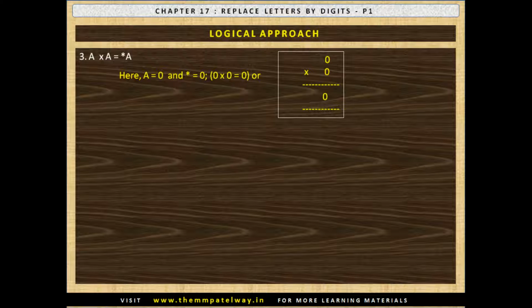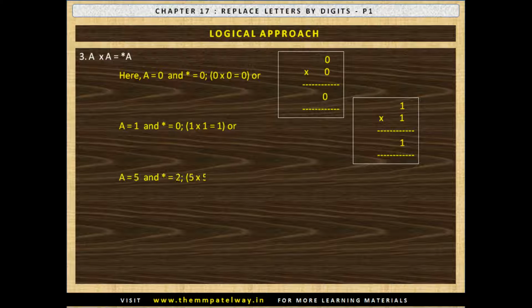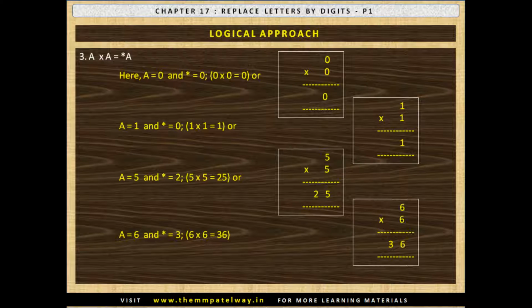Next one is A equals 1 and star in this case will be equal to 0 as 1 into 1 we will get a resultant of 1. Third one is A equals 5 and in this case star will be equal to 2 because we will get 5 into 5 equals 25. The last one is A equals 6 and star will be equal to 3 because 6 into 6 is 36.